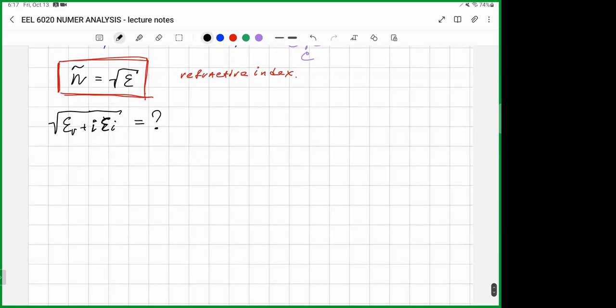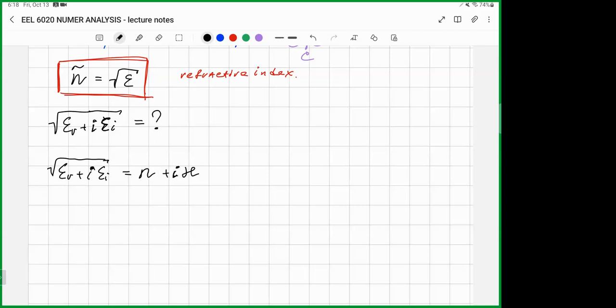It is the refractive index, and from this point, I also assume that refractive index is also a complex number. Okay, so I just assume that epsilon real part plus i epsilon imaginary part is equal to some n plus imaginary part, let's say kappa, just another letter of the Greek alphabet.